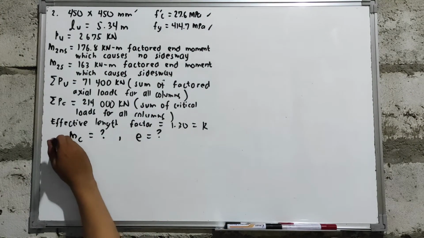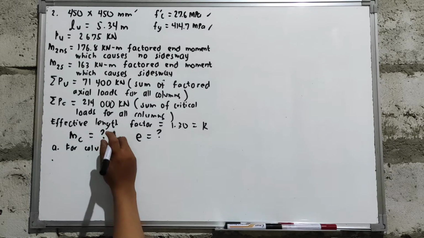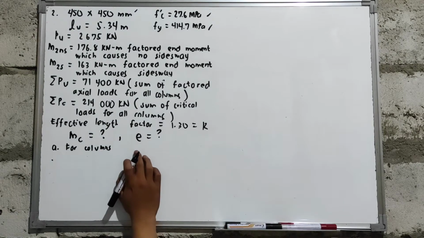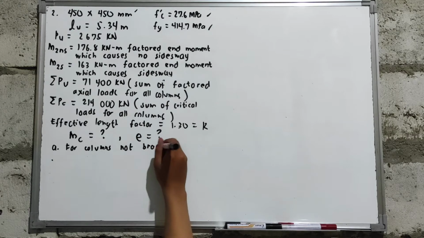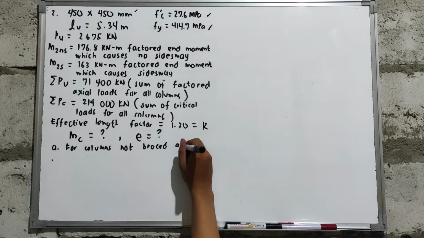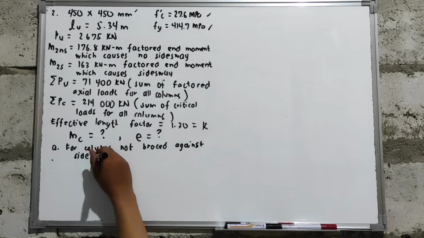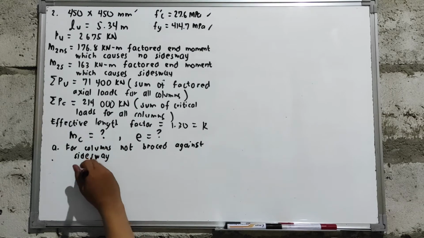So, for columns, since wala namang sinabi dito sa problem natin kung braced by yung column natin or hindi, we can say na not braced yung column natin against side sway. So meaning to say, kung wala tayong bracing against side sway, ito yung gagamitin natin.